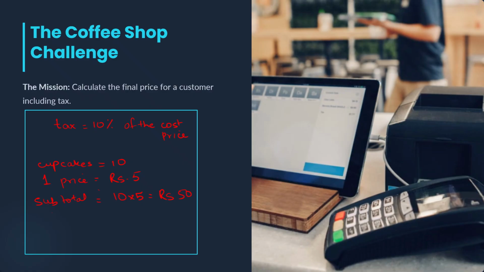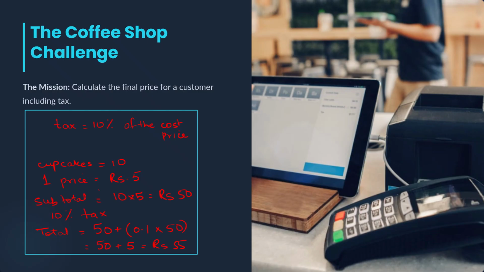Now, since 10% tax is to be applied, the total amount that he has to pay is going to be 50 plus 10%, that means 0.1 multiplied by 50. So he is going to pay 50 plus 5, that means 55 rupees, which is the total amount that he is going to pay to that coffee shop in order to buy 10 cupcakes.